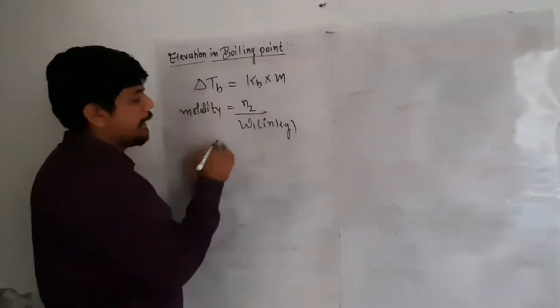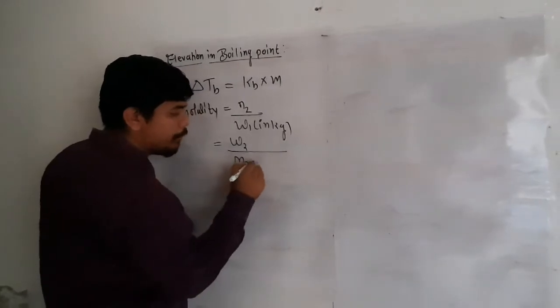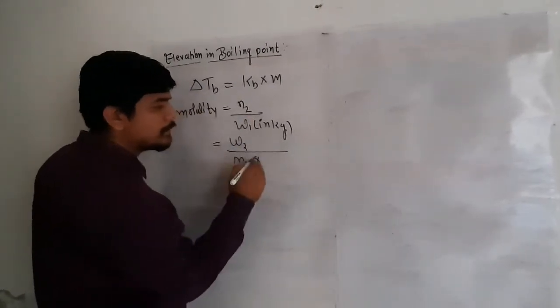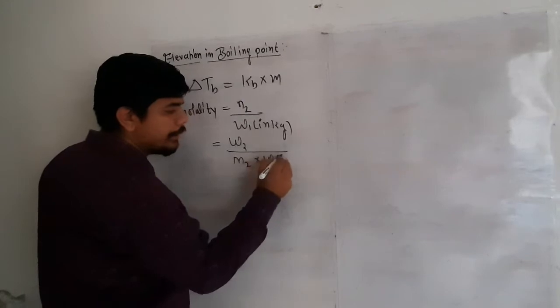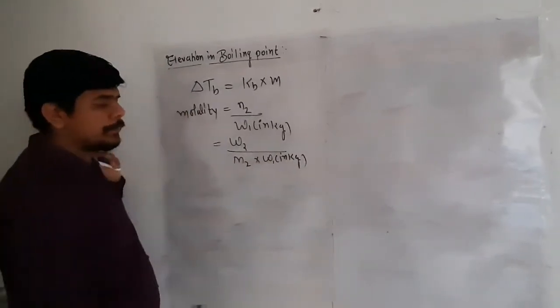If I write n2 as W2 upon M2, mass upon molar mass, and W1 in kilogram.